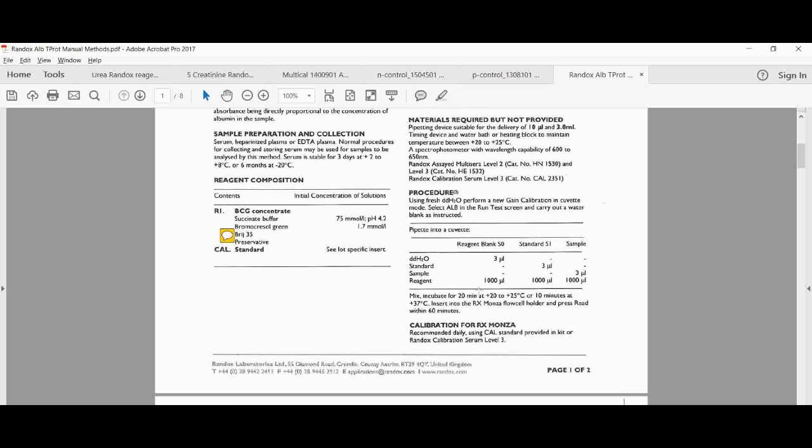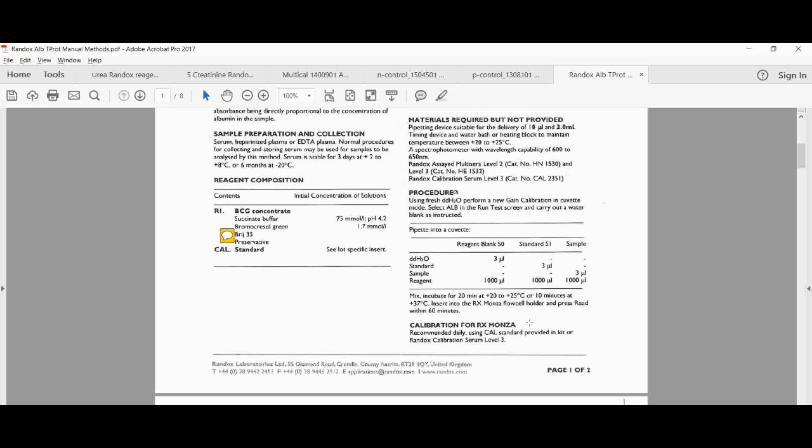Then the procedure. Now, the manufacturer, Randox, told us before that this method can be used for an automated method and for a manual method. In this case, the procedure shown is for the automated method, the RX Monza analyzer. So we're not going to use the RX Monza method, we're going to use the manual method.